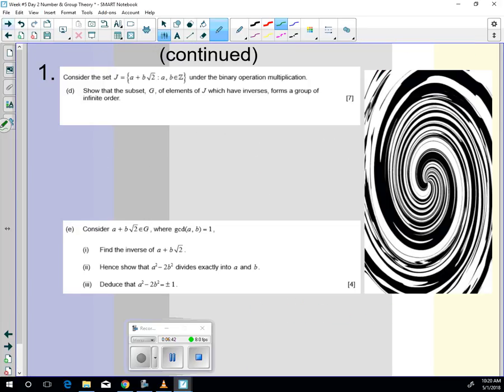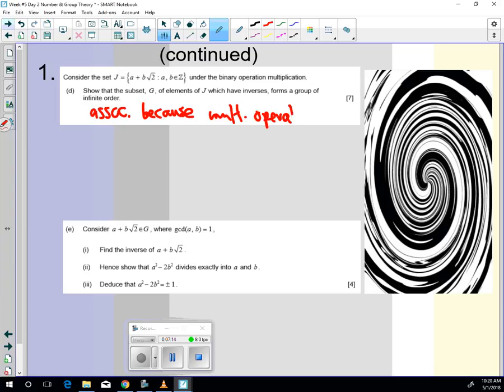Let's move on over to D. Consider the set here. Show that the subset G of elements of J that have inverses forms a group of infinite order. So let's go through that list. Let's do associativity. Associativity, because why? Multiplication, yeah.